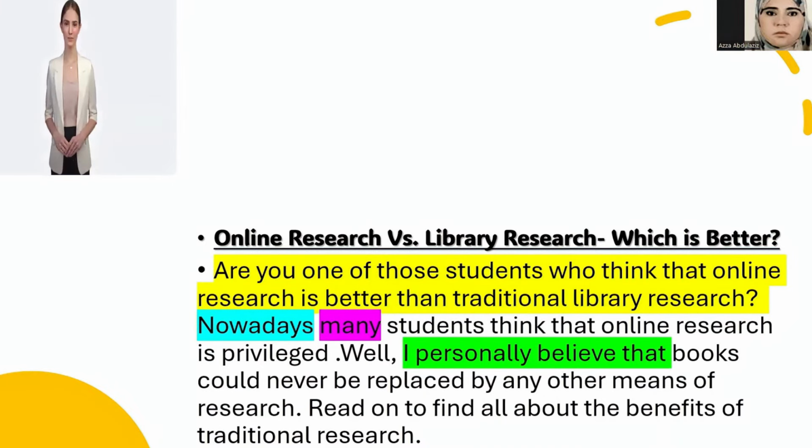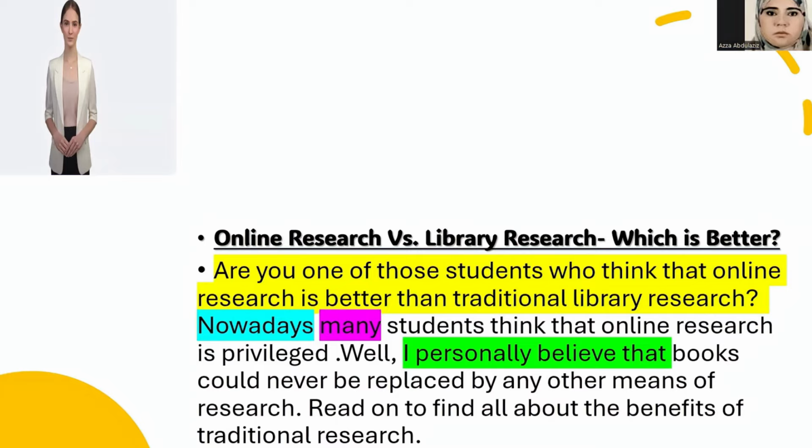Yes. As usual, we need to start with an eye-catching title in order to draw the reader's attention to my article. Then I started my article with a rhetorical question. I don't have to give an answer for this question. All I need is to draw the reader's attention.